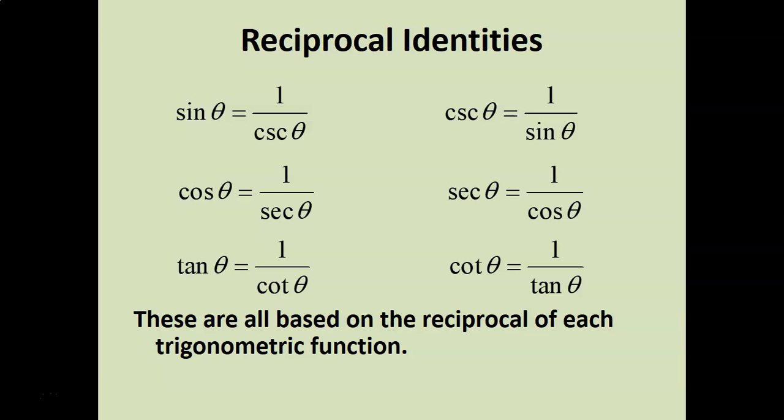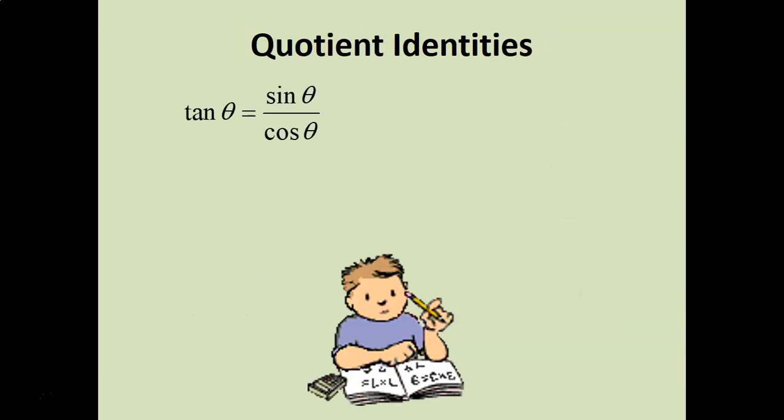Likewise, we have what we call the quotient identities. When we were talking about the unit circle, we learned that tangent was equal to y over x, the y coordinate over the x coordinate. At the same time, we also learned that sine was equal to the y coordinate and cosine was equal to the x coordinate.